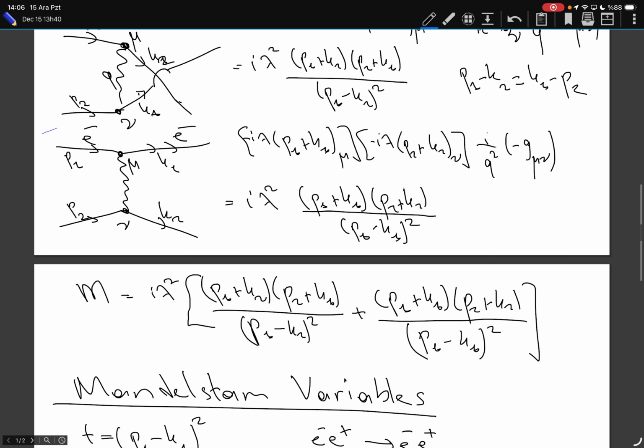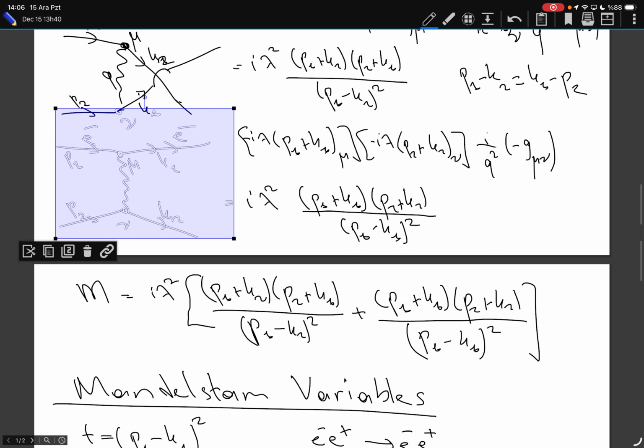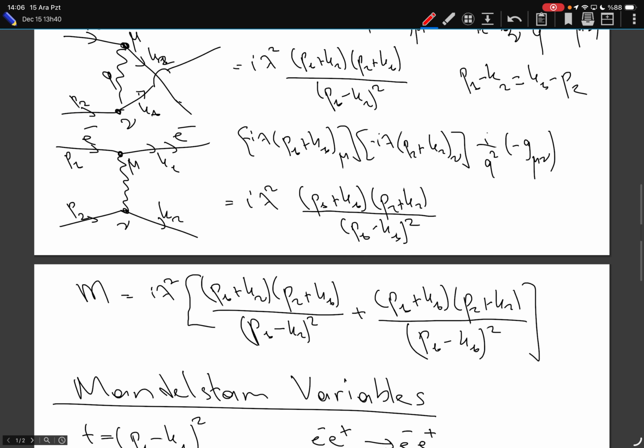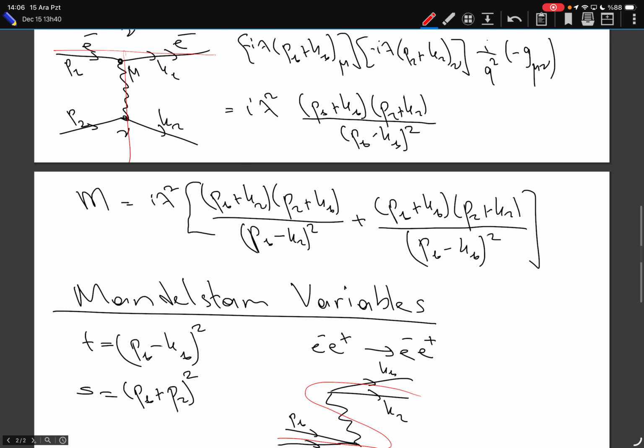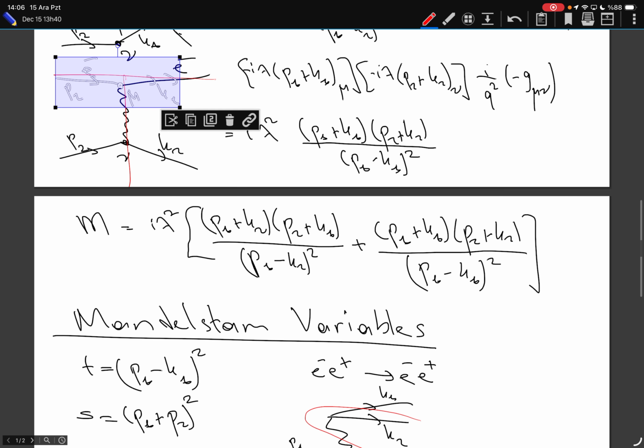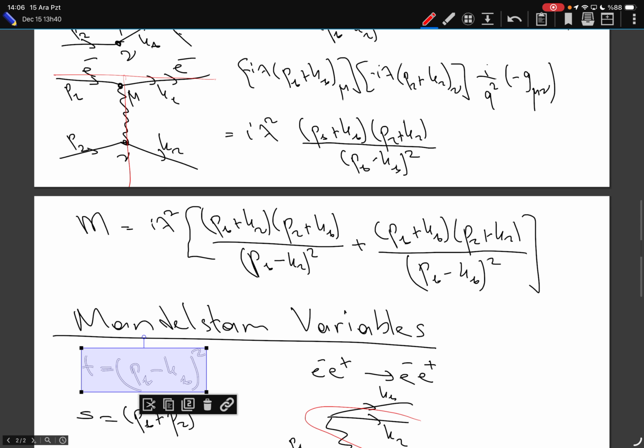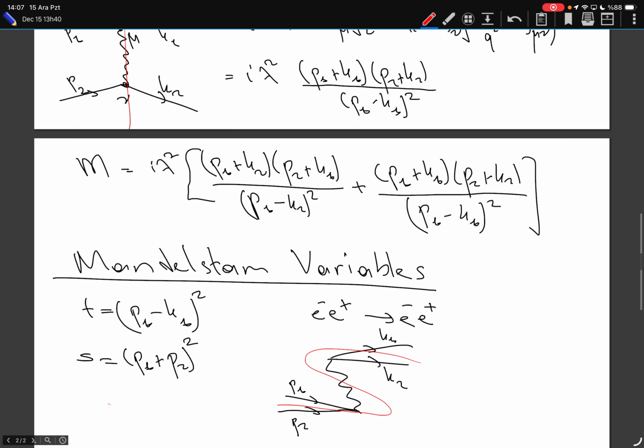If you look at this diagram, again with a bit of imagination, it's a T. What is the momentum of the photon? P1 minus K1. So T is P1 minus K1 squared. There's just a single combination left that we didn't define. There's P1 minus K2 squared.